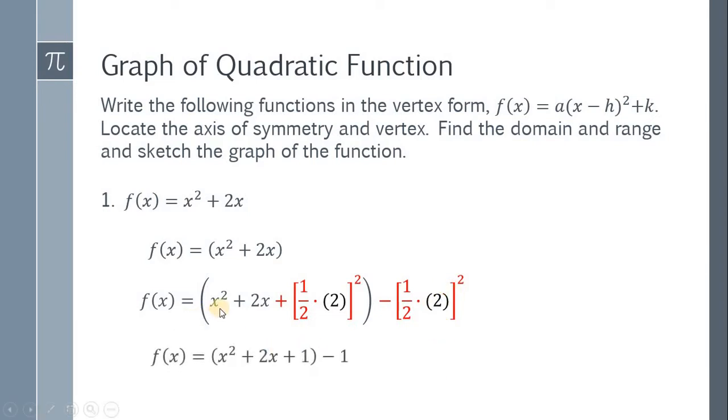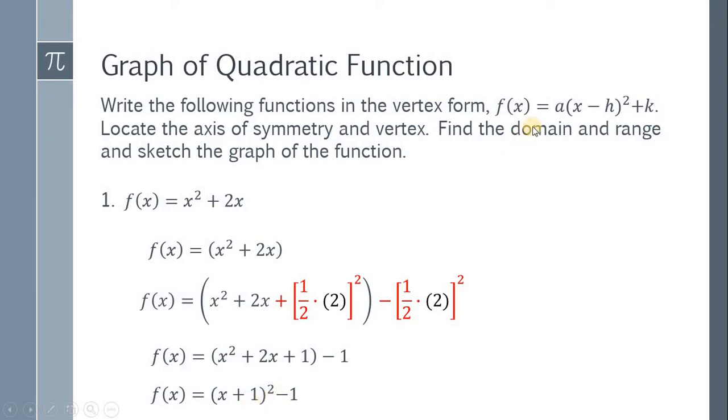So, we have x squared plus 2x, 1/2 times 2 is 1, 1 squared is 1, so minus 1. Next, we have x squared plus 2x plus 1. Ito ay perfect square trinomial. Pwede natin siyang i-factor as x plus 1 times x plus 1, or simply, magkakaroon tayo dito ng x plus 1 squared and then minus 1.